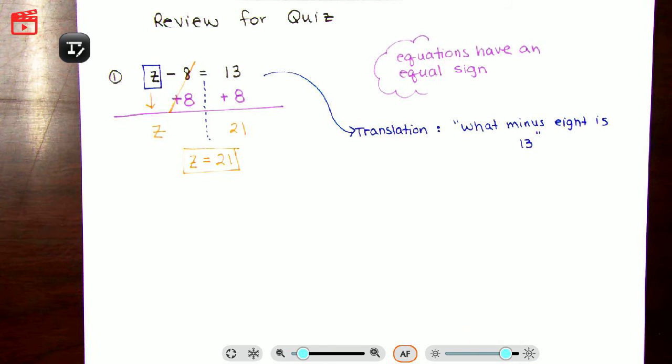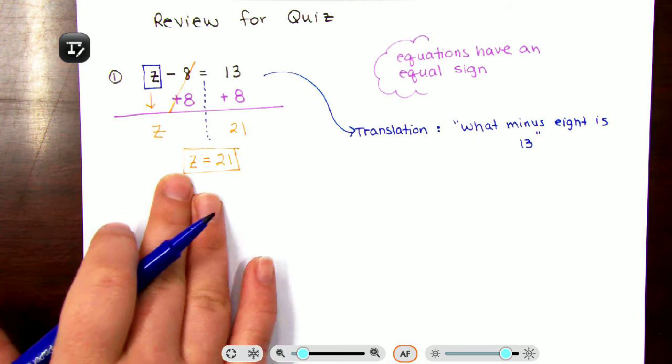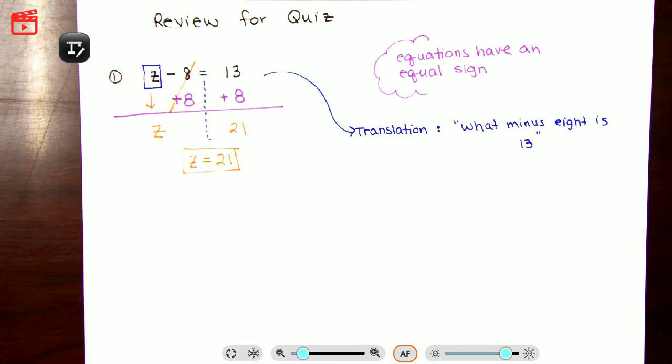Then you can use the guess and check method to say maybe 20 take away 8 is 13. Maybe 23 take away 8 is 13. You can play around with your numbers like that. I find this method is going to help us when we do the two-step equations.